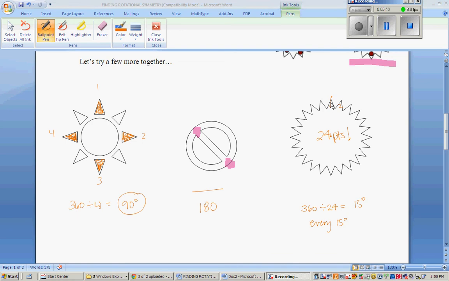And even though this crazy thing has 24 points, if you only colored this very top one and this one at the very bottom, this would only have rotational symmetry at 180 degrees because it has two that are similar. So you want to take that into account. What is happening in the picture?